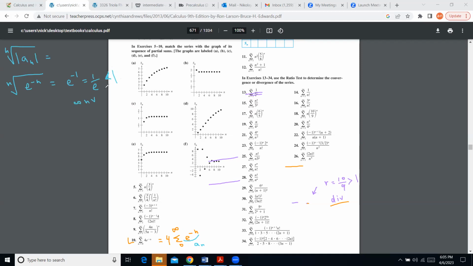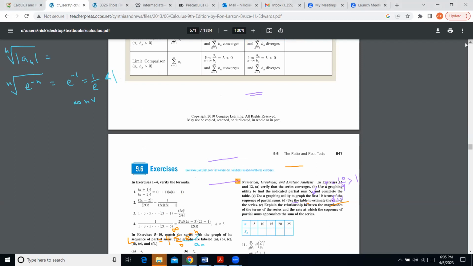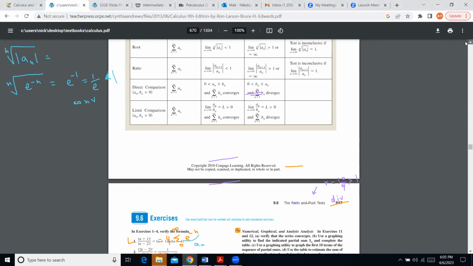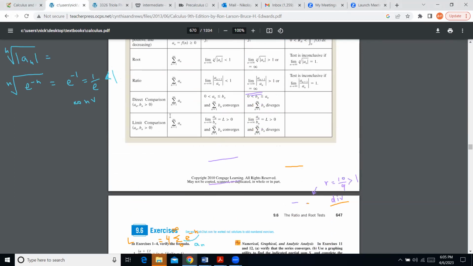Remember the little fact that we just looked at in the table above, that if the limit of the nth root of the nth term is less than 1, then the series converges. Alex asks, where's your limit?